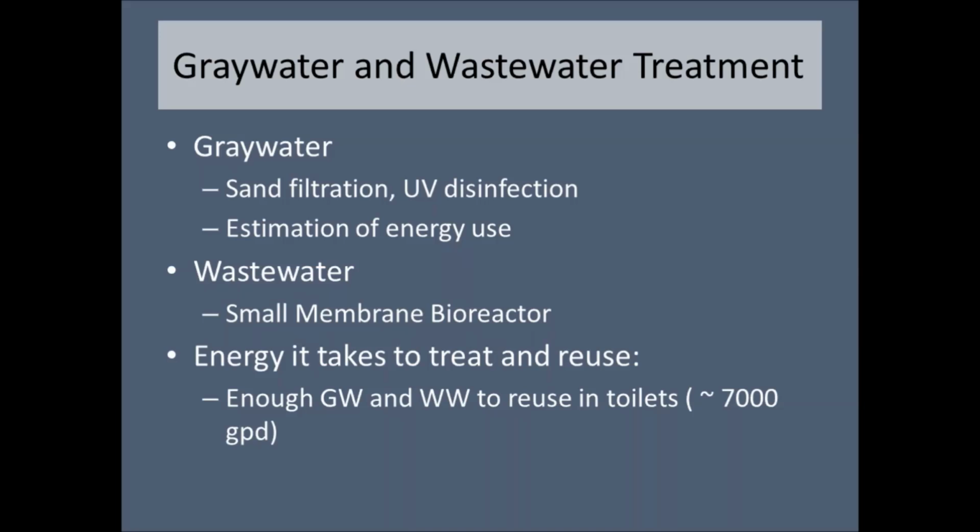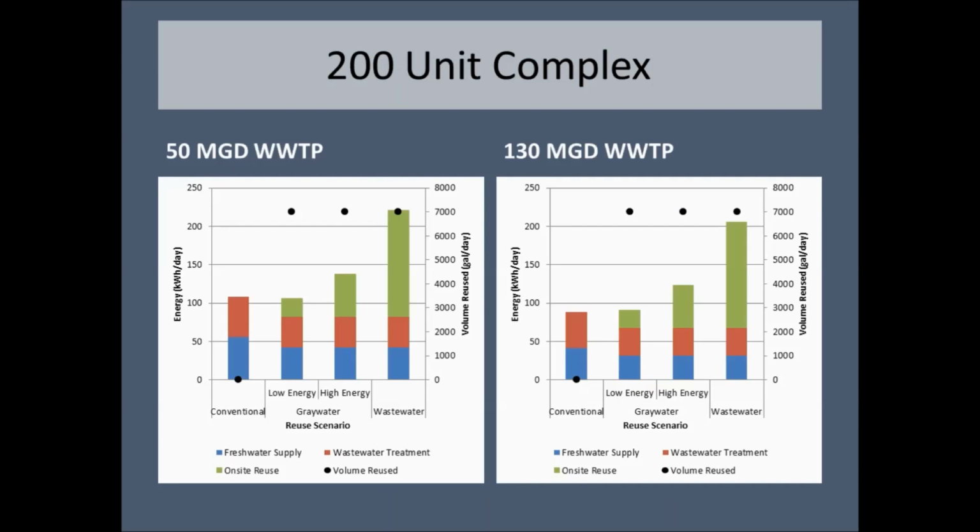And for wastewater, we assumed a small membrane bioreactor for the treatment of all the wastewater. And also, we only considered the amount of energy it would take to treat and reuse for toilet water, which in a facility is about 7,000 gallons per day.